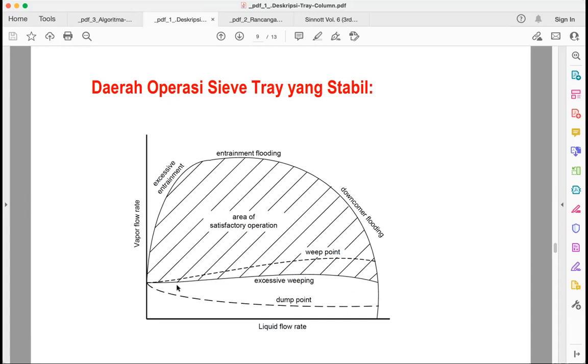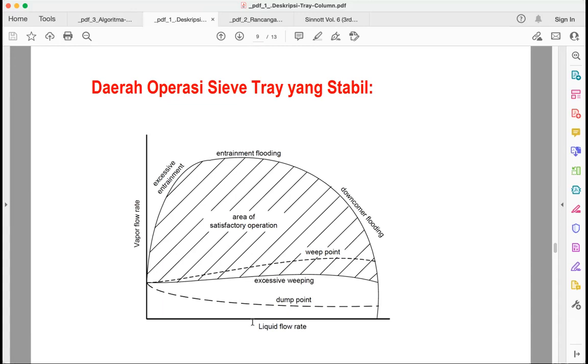That would be weeping or dripping, the liquid drips downward. The dashed line is called the weep point, and the lower one is the dump point. If the vapor is very slow, of course the liquid will just flow through the sieve tray and drip down.